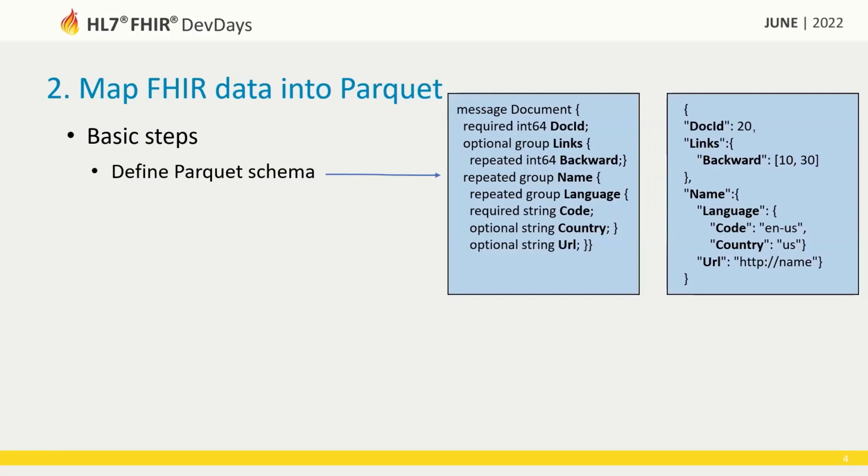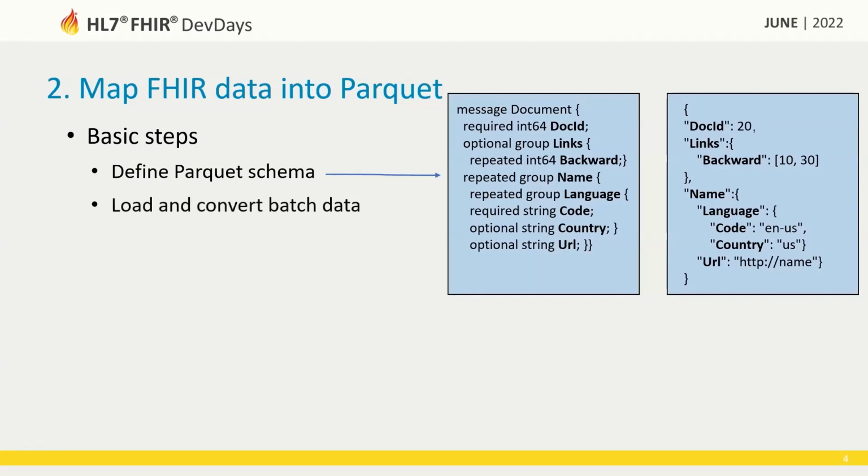Besides the data types like int and string here, the schema has some special keywords. Repeated indicates the field is an array, and group indicates the field is an object that contains some sub-properties. Also, there is a special optional keyword, which represents that the field can be empty or none.